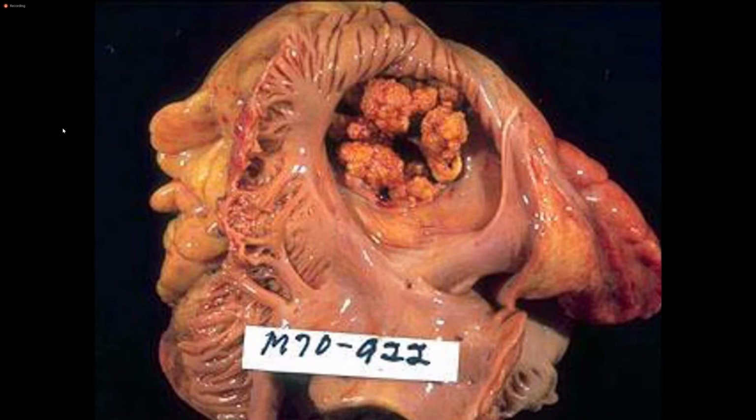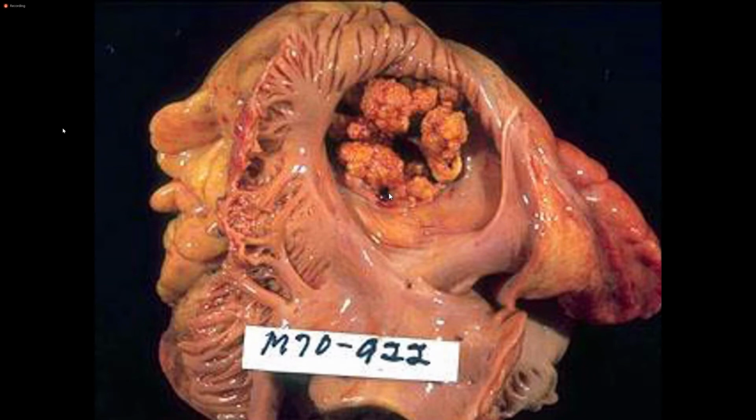And this will lead us to be able to differentiate between the types of vegetations that are a result of infection or vegetations that are a result of cancer or autoimmune diseases.